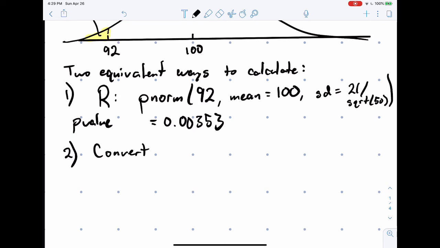The second way is to convert to a z-score and use a z-table.